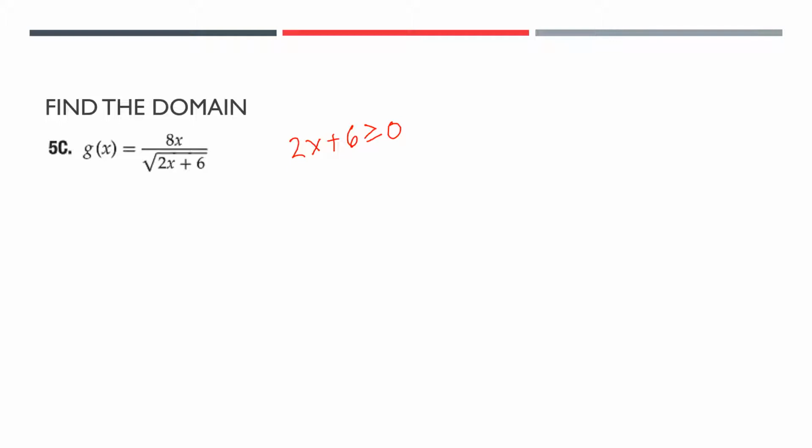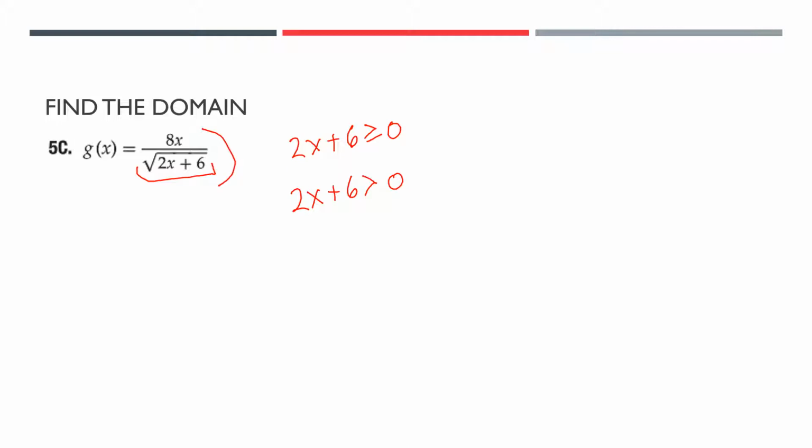Well, what happens when it's equal to 0? If it equals 0, then the denominator turns to 0, and I have another problem. So I can't be equal to 0. So I'm going to solve this as 2x plus 6 has to be strictly greater than 0. Because if it's equal to, my denominator will not work. So I can't equal 0.